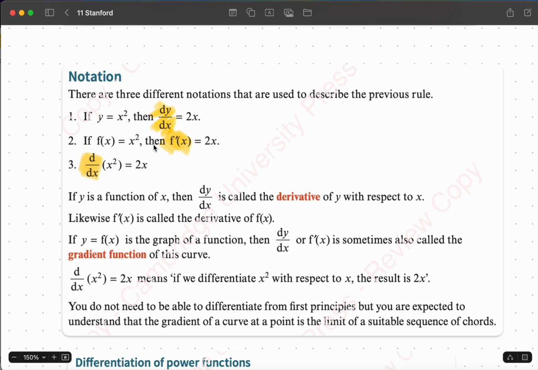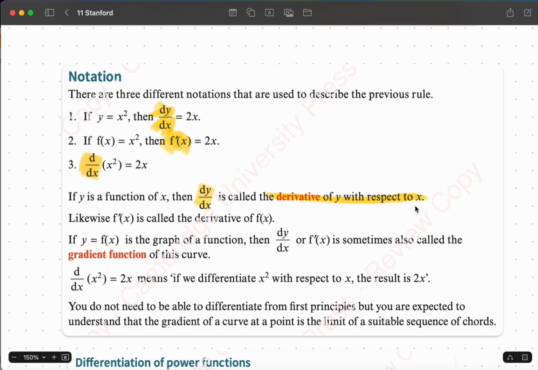So if y is a function of x, then dy over dx is called the derivative of y with respect to x. Likewise, f prime x is called the derivative of f(x).